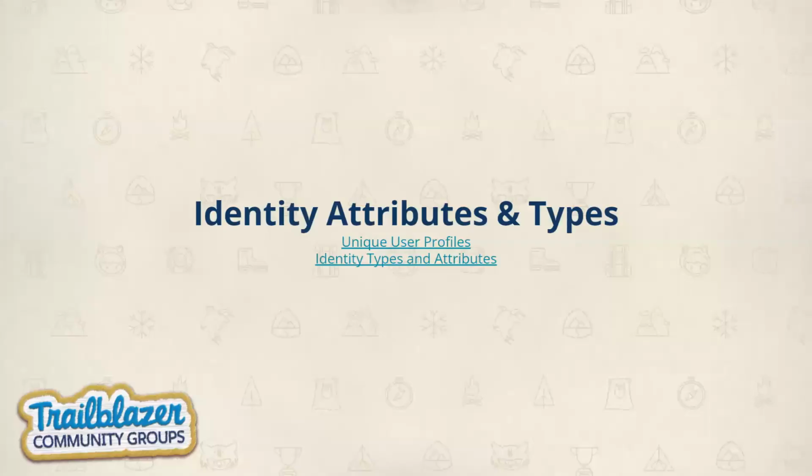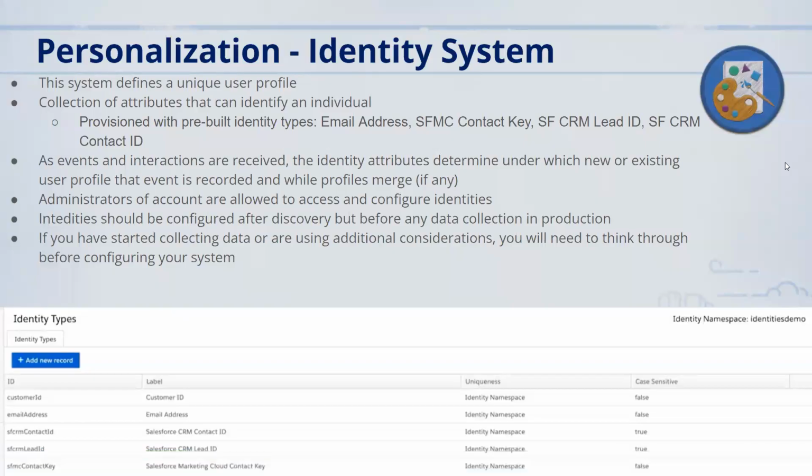So we've gone through user attributes. Another main component of MCP are the identity attributes. MCP has an identity system, and it's MCP's method of essentially defining a unique user profile.